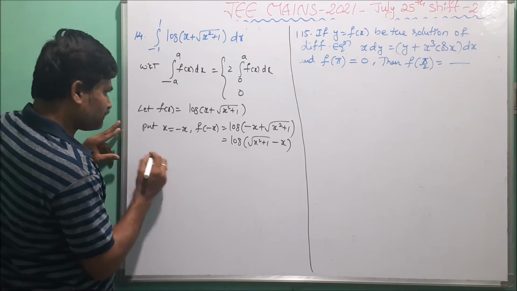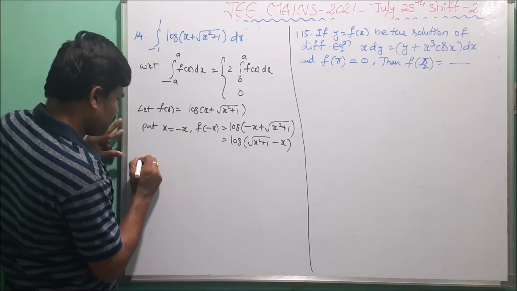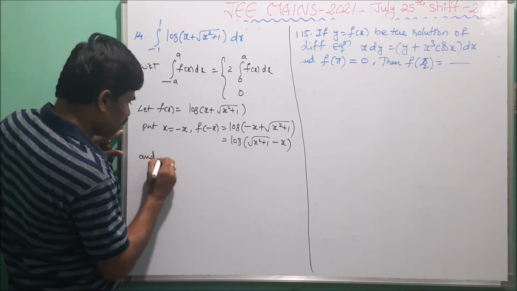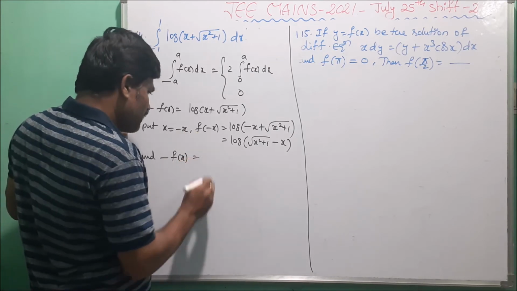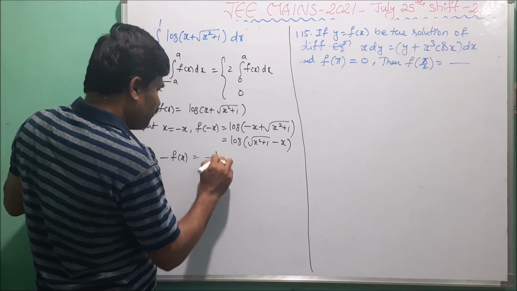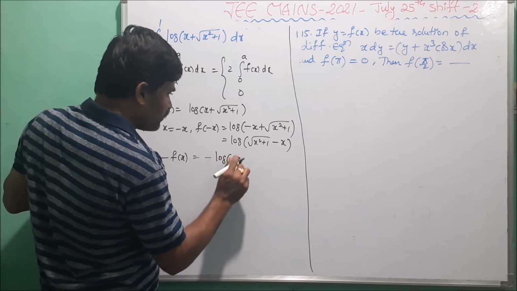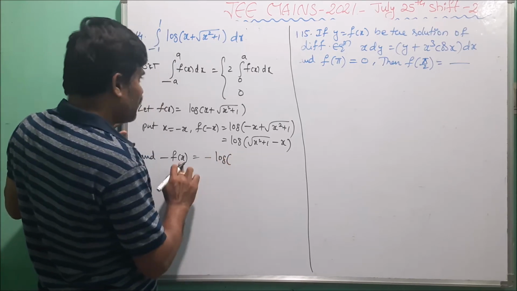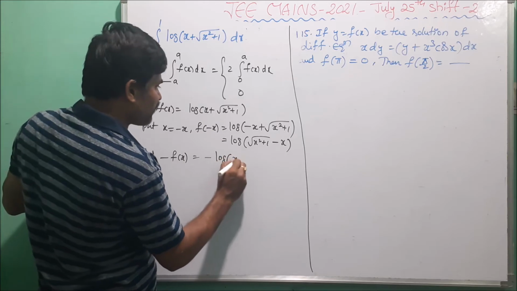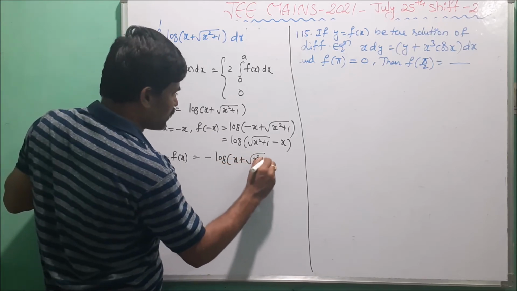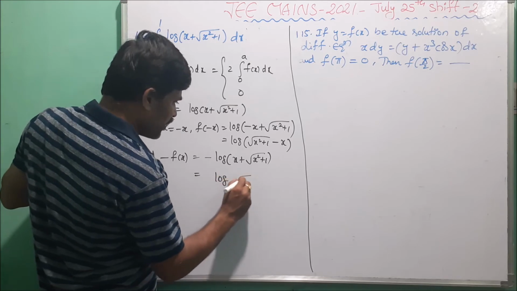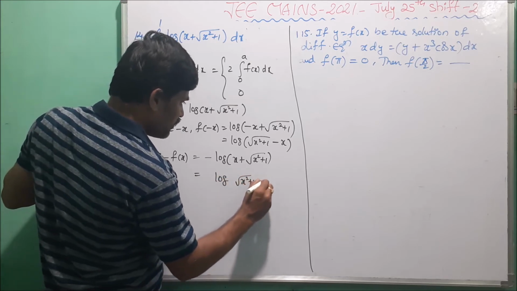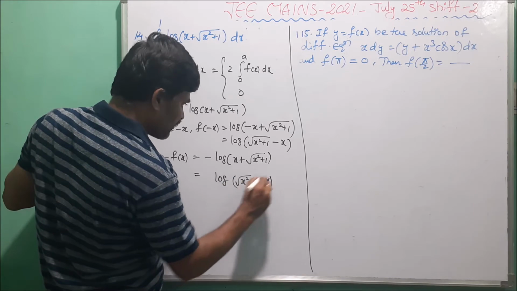Similarly, to find minus f of x. Minus f of x means minus of log of x plus square root of x square plus 1. Now here we write log of square root of x square plus 1 plus x whole inverse.